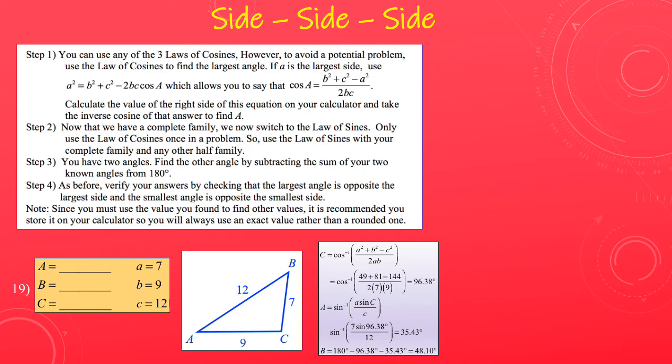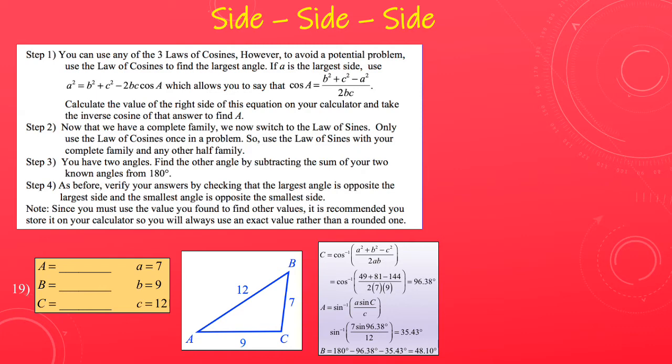From there, we will find angle A. We use the law of sines and say that A is equal to the inverse sine of little a sine C over c, or the inverse sine of 7 sine of 96.38 degrees, which we stored, divided by 12, to get 35.43 degrees.